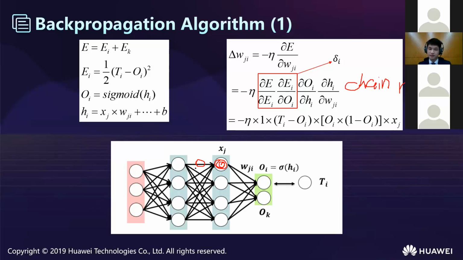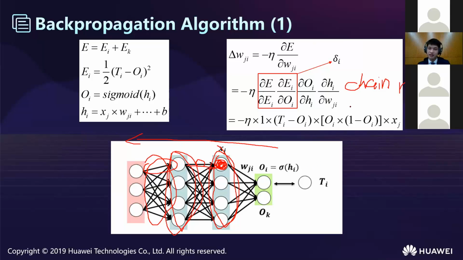So the value of this neuron depends on this weight. So we need to calculate the derivative of these layers, and then we can calculate the derivative of the weights in these layers. That's called the backpropagation. So the direction is from the output layer to the input layer.